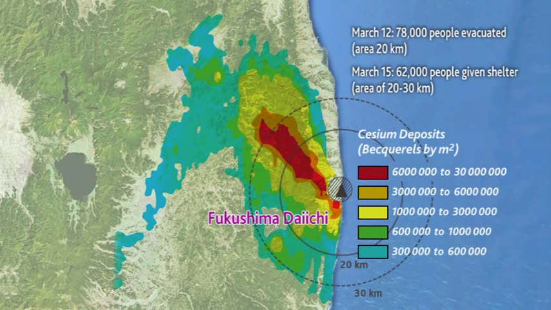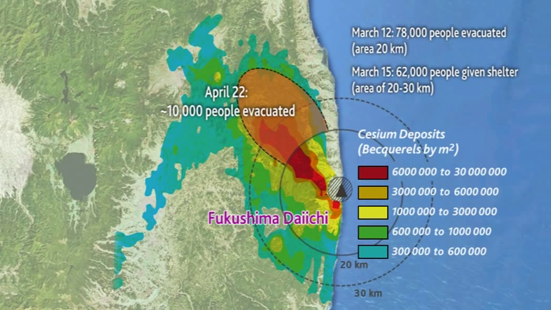These deposits corresponded with the radioactive release of March 15th after an explosion at Reactor Building 2 in combination with local heavy rainfall. In red, we can see the concentration of cesium with a level as high as the most contaminated areas around Chernobyl. The Japanese authorities decided, therefore, that additional evacuation was necessary.